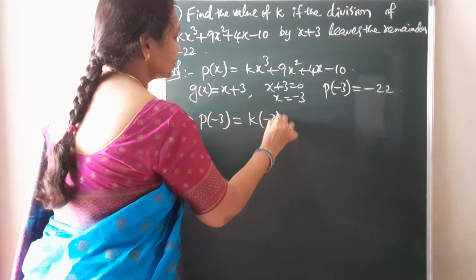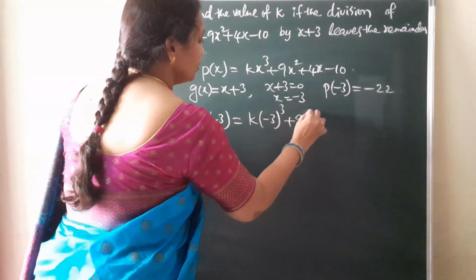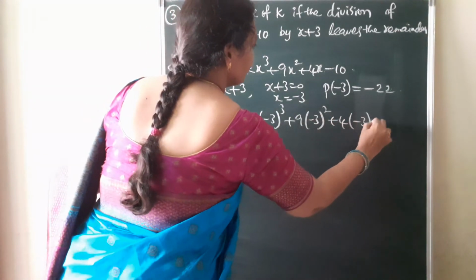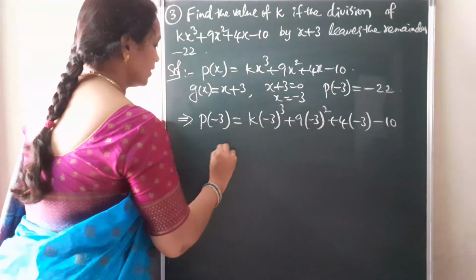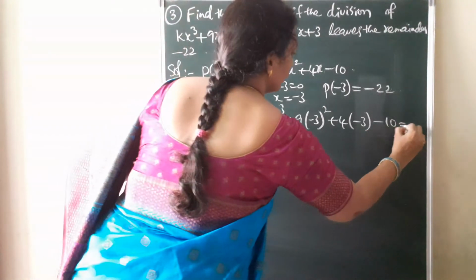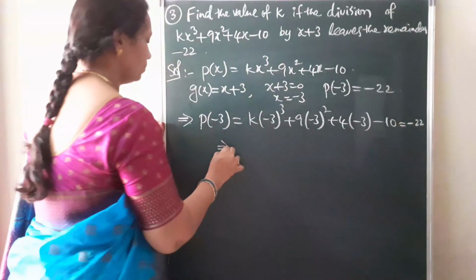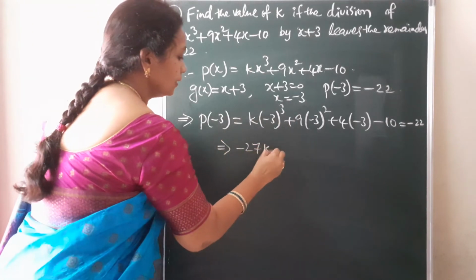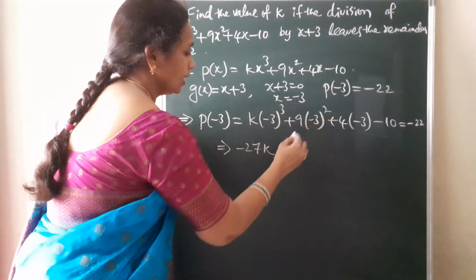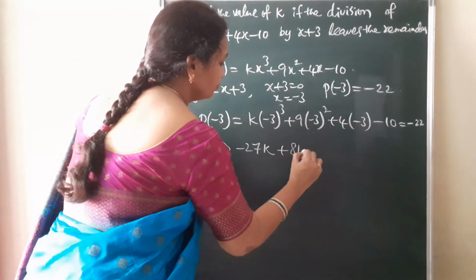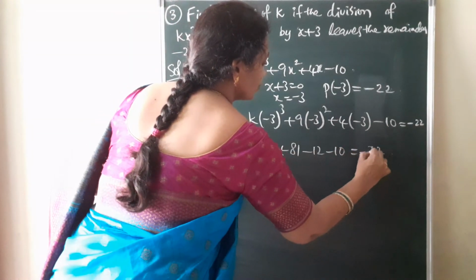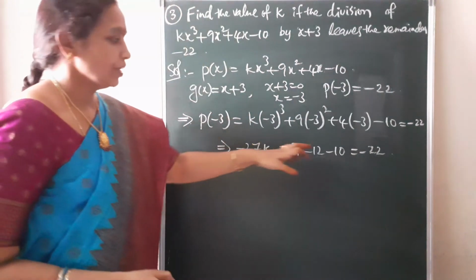K of minus 3 whole cube plus 9 of minus 3 whole square plus 4 of minus 3 minus 10 is equal to minus 22. It implies, minus 3 whole cube is minus 27k, minus 3 whole square is 9, 9 9s are 81, minus 12, minus 10 is equal to minus 22.